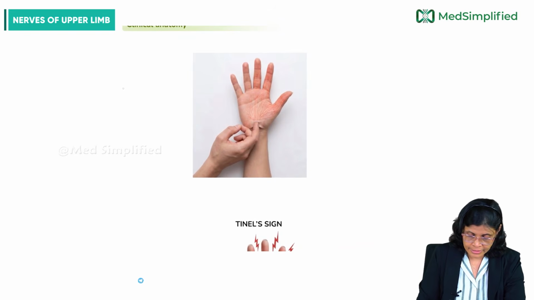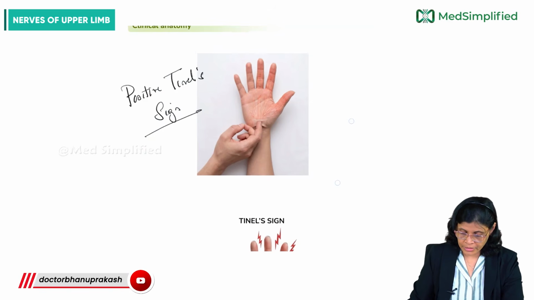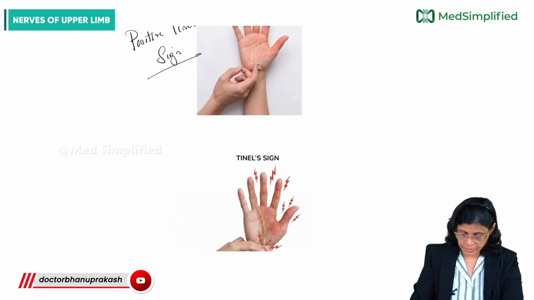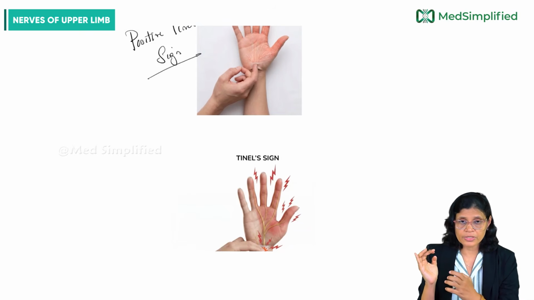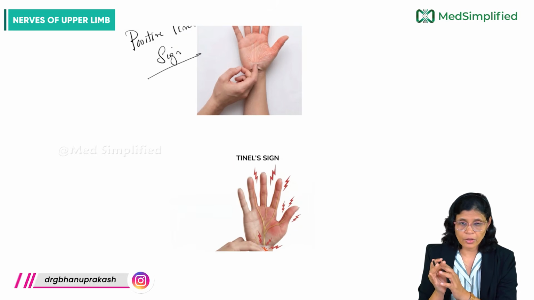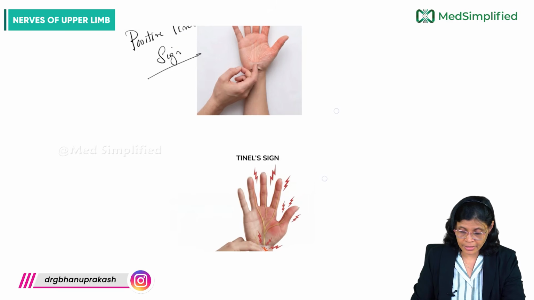One is the Tinel test, the positive Tinel sign. So what is this positive Tinel sign? It is percussion. When we percuss over the flexor retinaculum, it reproduces the patient's symptoms. So suddenly there will be a lot of sensations over the lateral 3.5 digits and pain.